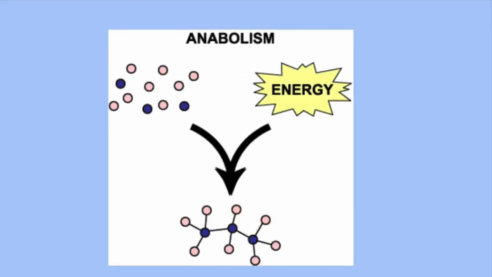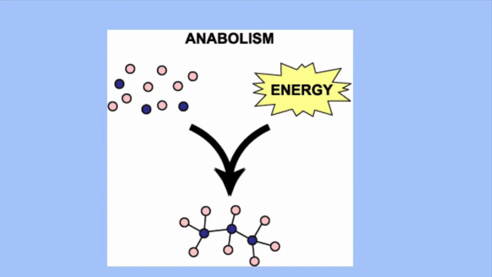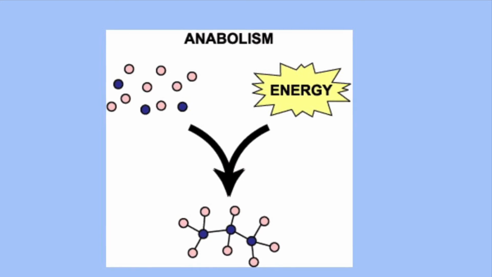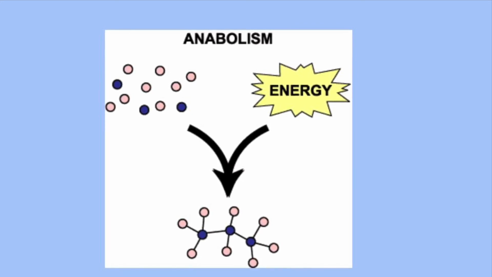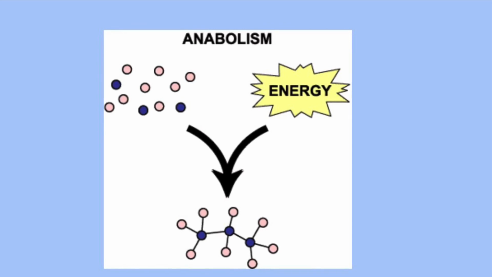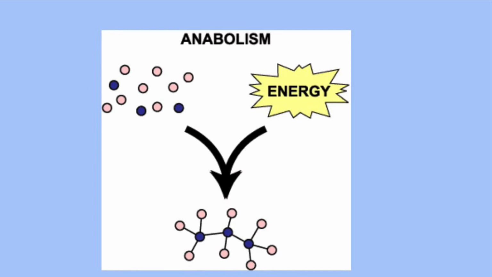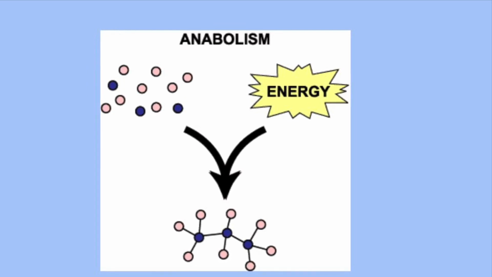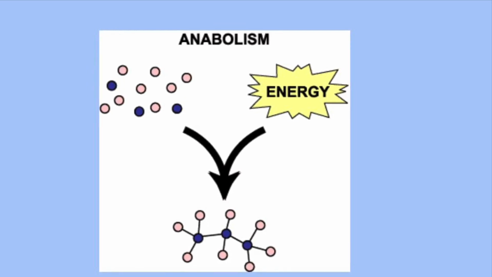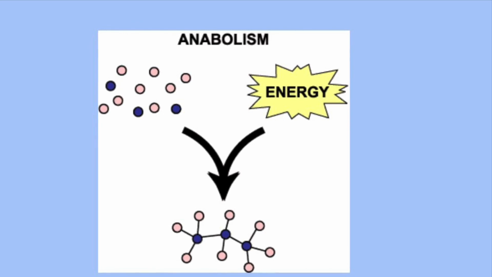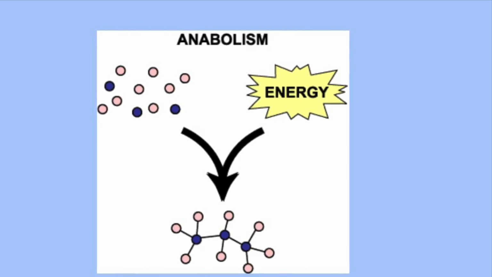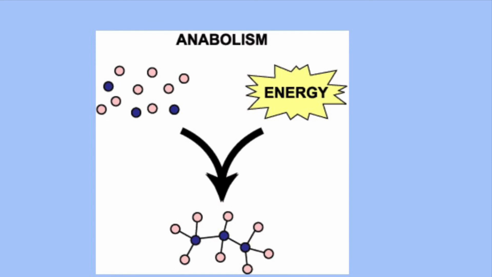The second one is called anabolism, which is constructive metabolism, because it takes small molecules and uses energy to build up large molecules, like for building body tissue and supporting the growth of new cells. It also stores energy for later use.